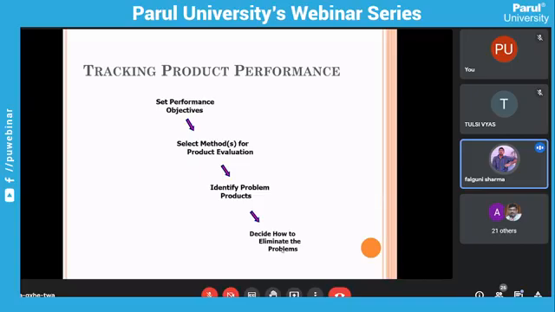Being a seller, what we are looking for, what we are thinking, what objective we first understand. Then select the method of product evaluation, how we evaluate for the objectives we are heading towards, meaning the number of parameters.